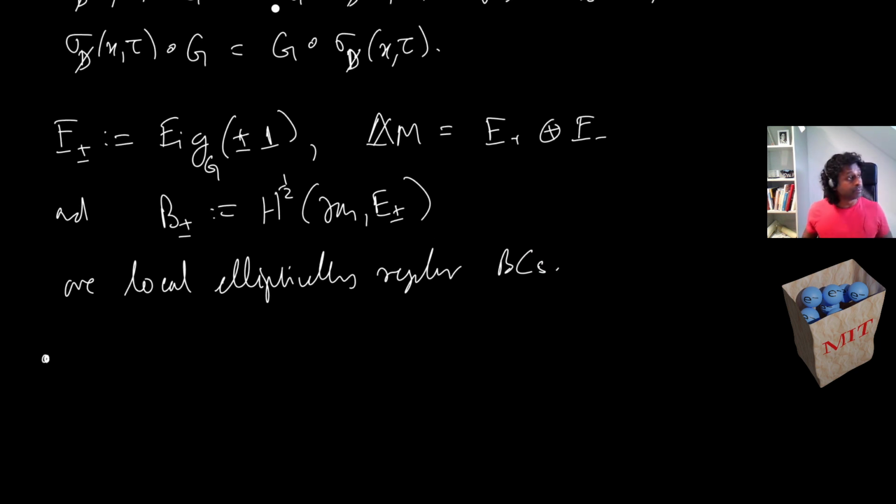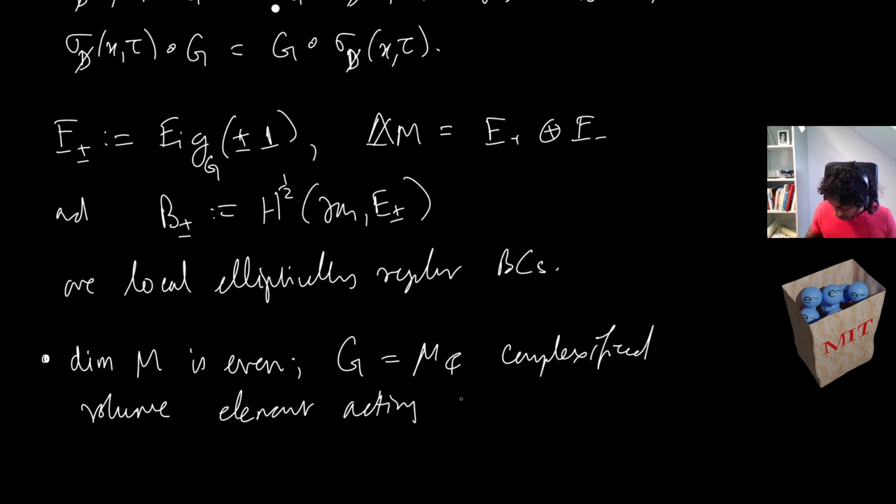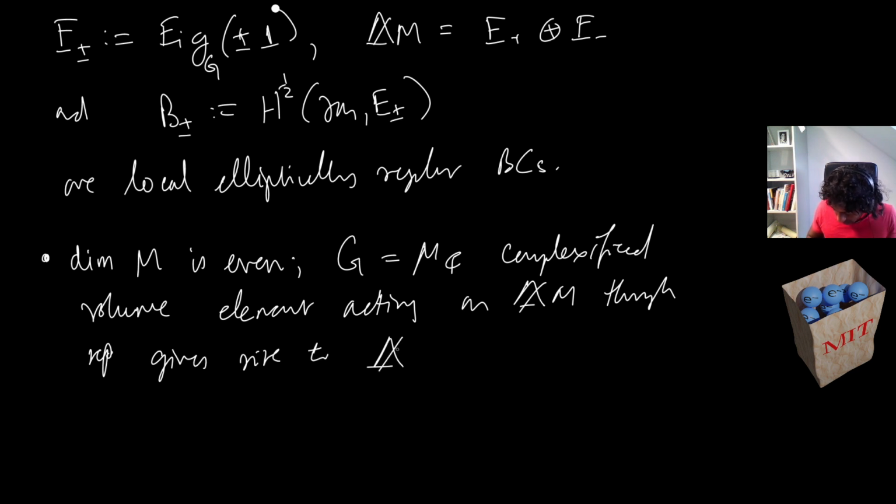So we've already seen this object in even dimension. When the dimension of M is even, we take G equal to the complexified volume element acting on the spinors through the representation, which gives rise to the spaces that we've already seen before.